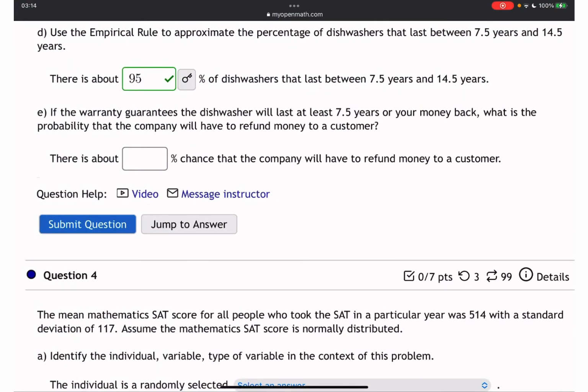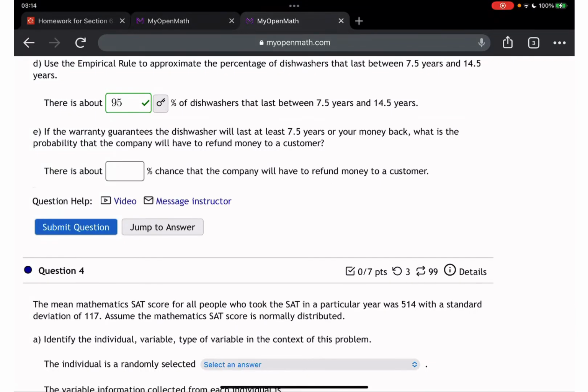And the last one. What's the chance, if the warranty guarantees the dishwasher lasts at least 7.5 years, the low end, or your money back? What's the probability that the company will have to refund money to a customer? So we need to find the probability for the warranty that goes beyond 7.5.